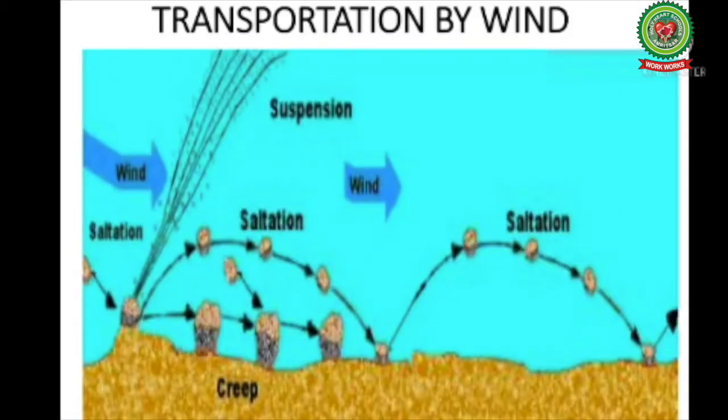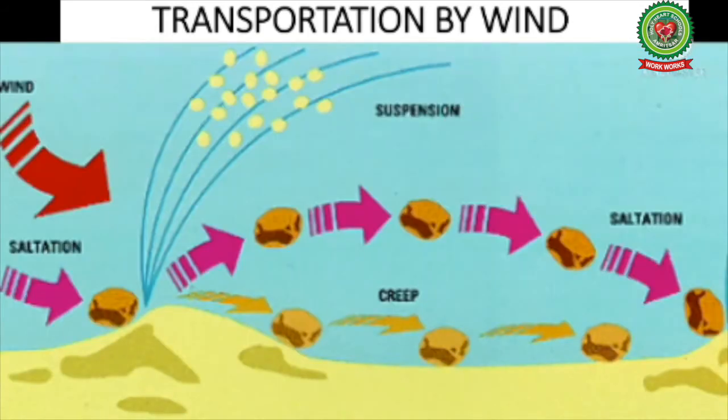Now next we are going to start with the transportation work of the wind. Wind erosion occurs when wind picks up and moves small particles of soil. As the wind speed increases, the amount of soil picked up off a field may easily double or even triple. For instance, if a 20 mph wind increases to 30 mph, the rate of erosion triples.